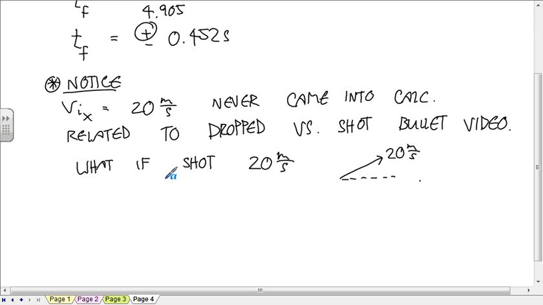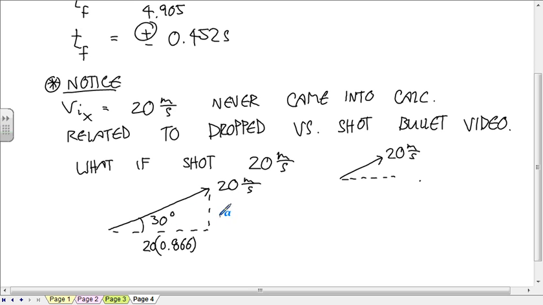So actually what you would do is you have this vector that has a magnitude of 20. Say that this angle is 25 degrees. You'd figure out what these components are. Well, actually, let's make it 30 degrees, and then I know what the components are. So this would be 20 times 0.866, that's the cosine of 30 degrees.